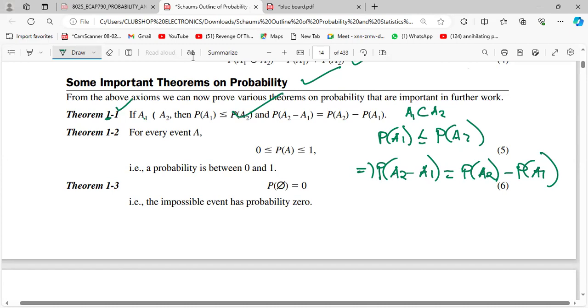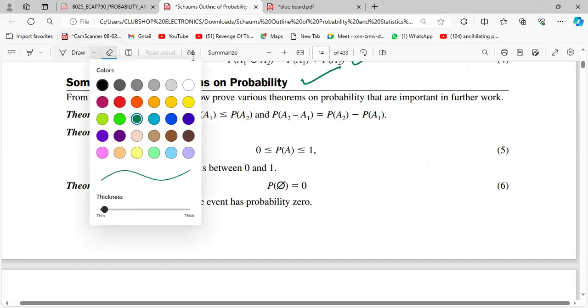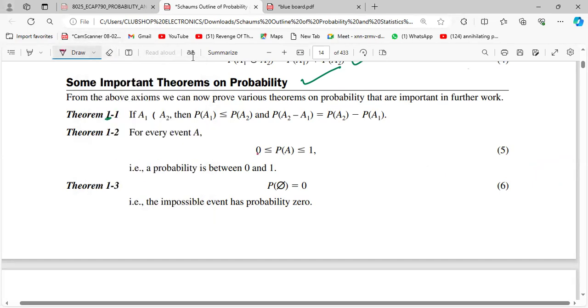What is the second theorem? The second theorem states that for every event A, probability is between 0 and 1.